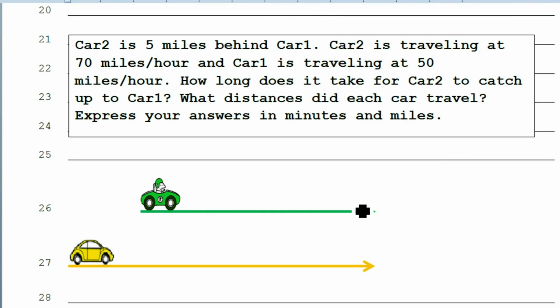Car 1 is traveling at 50 miles an hour. V1 equals 50 miles an hour. And car 2 is traveling at 70 miles an hour. How long does it take for car 2 to catch up to car 1?